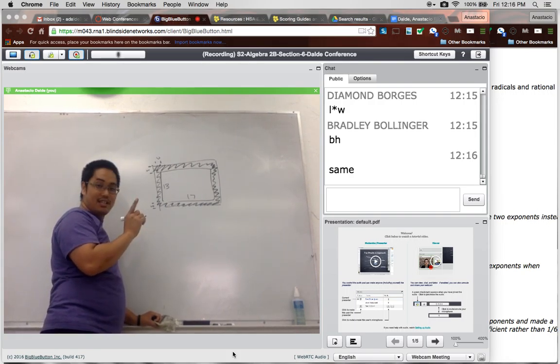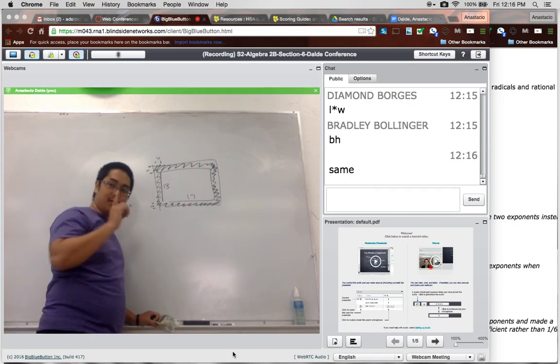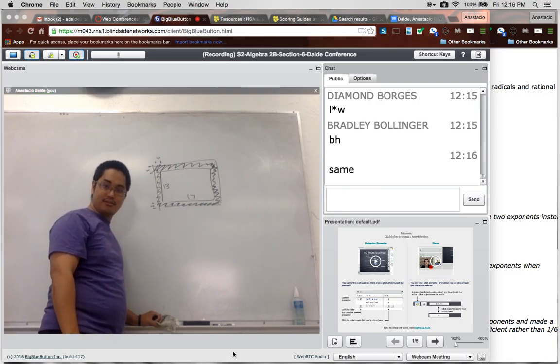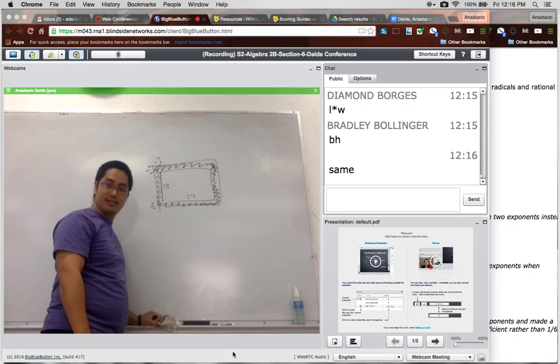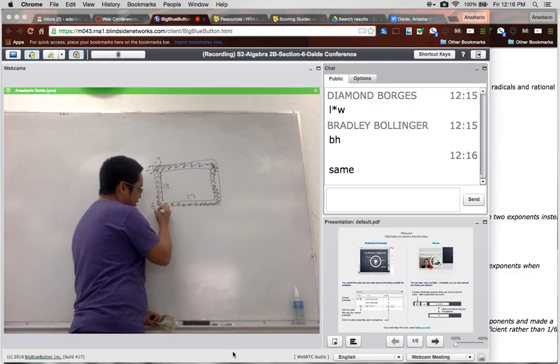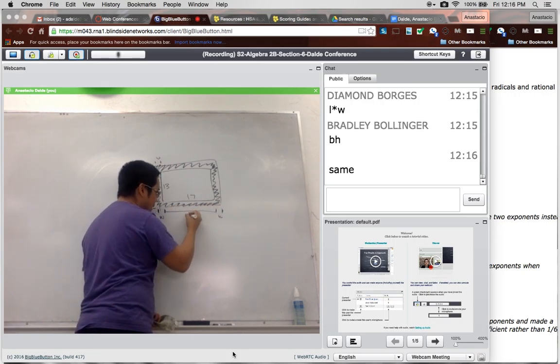What is the length of the big whole rectangle? The length of just the inside is 17, I agree. This is W, and this is W, and this on the inside is 17.